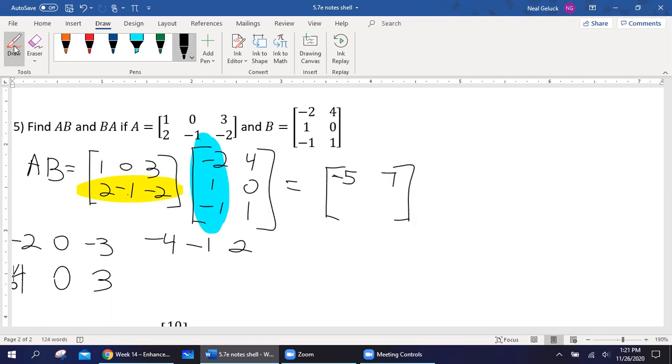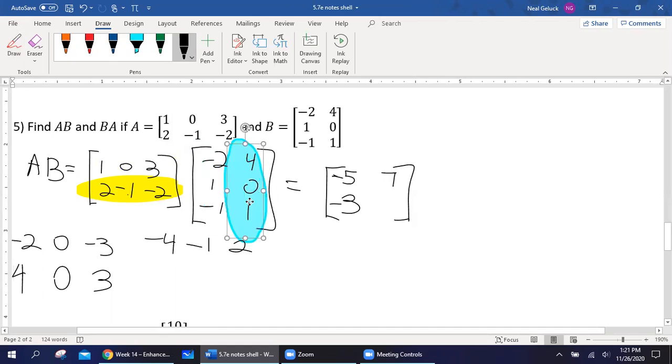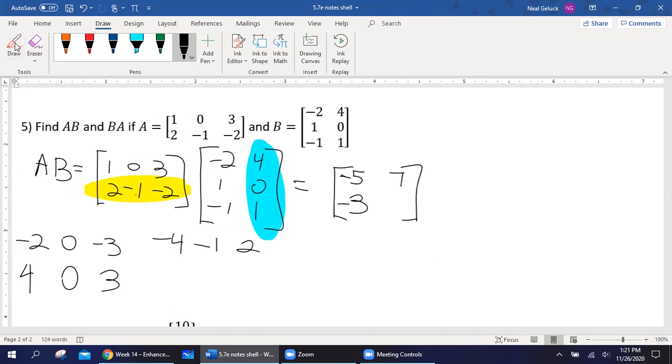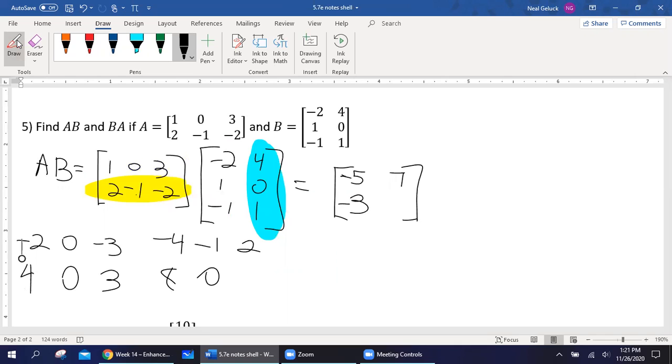Negative 3. Move columns. Two times 4. Negative 1 times 0. Negative 2 times 1. Add those together, 6. There's A times B.